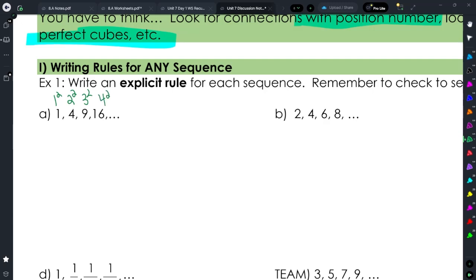So my explicit rule is going to be a sub n equals n squared, because I'm squaring whatever position I'm trying to find. So like I said, if I wanted to find the 7th term, I could just substitute 7 in for n and get 49 instead of having to work my way up from 1.